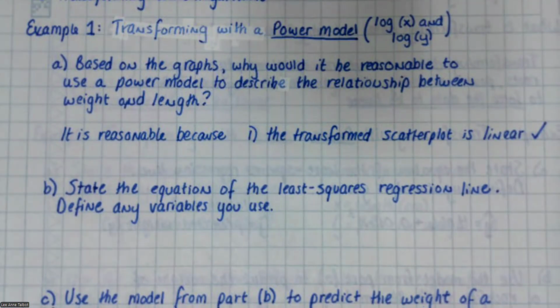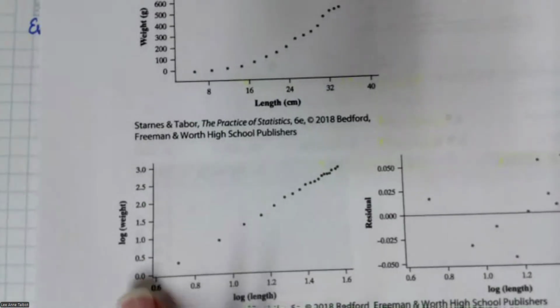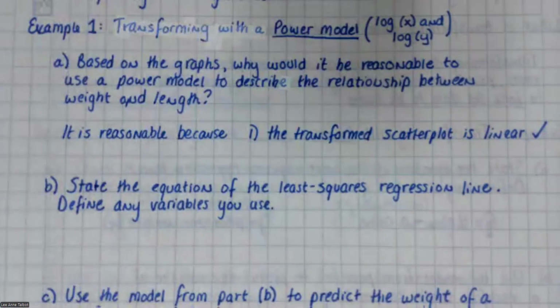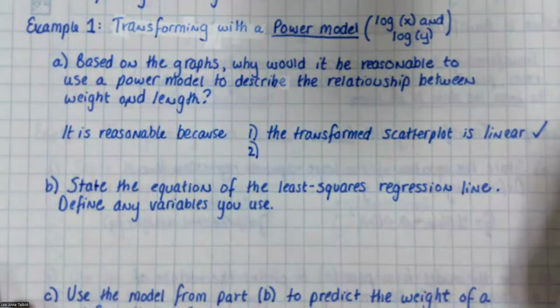the transformed scatter plot is linear. So what I mean by that is this curve, your original data, is now a line. Does that make sense? This is going to be an "and/or" situation for us.